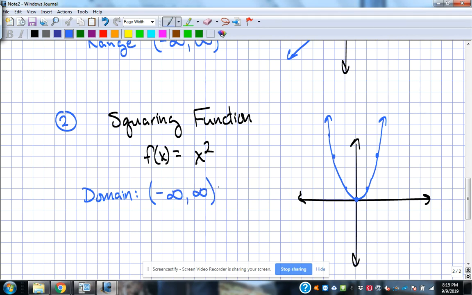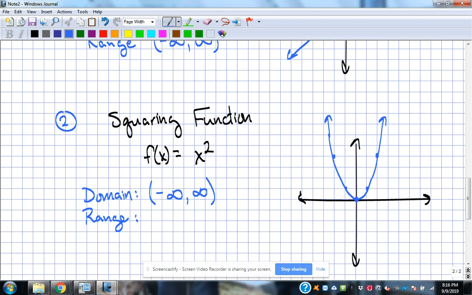Our range for this one. Range is y values. So we read from bottom to top. So when we look at range, domain, you're going to read from left to right. Range, you're going to read from bottom to top. And what's the lowest y value? 0, it's right down here.